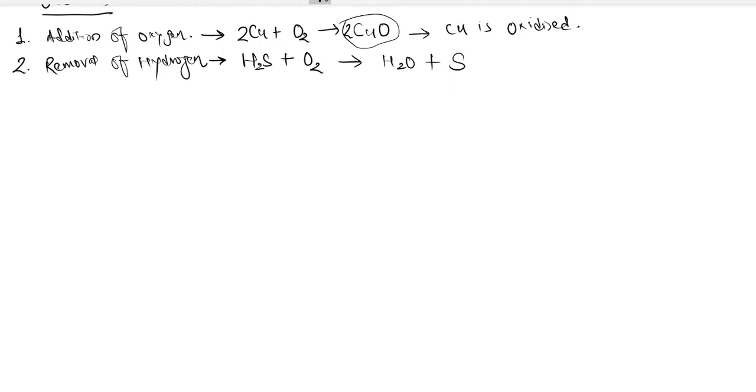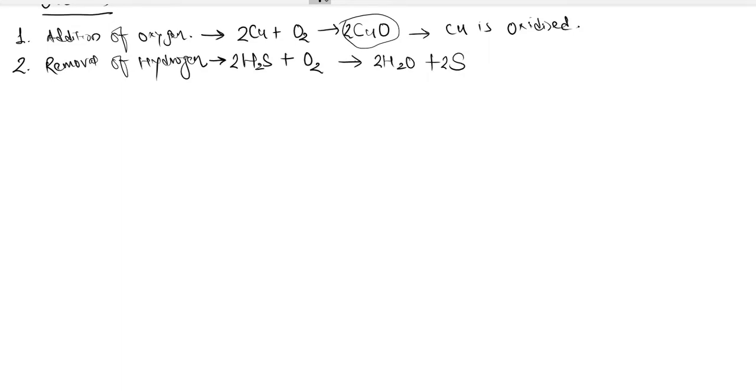If you want to balance it, you have to add 2 over here, so oxygen will get balanced, and further to balance hydrogen, you have to add 2 in front of H2S, and because sulfur also becomes 2, you have to add 2 over here. Now it is balanced.